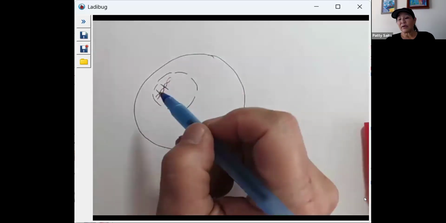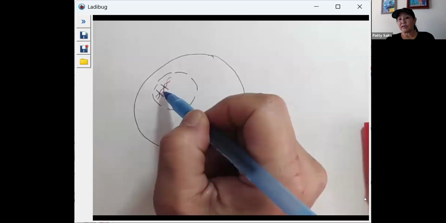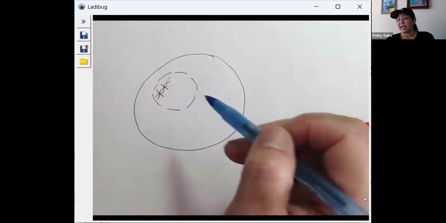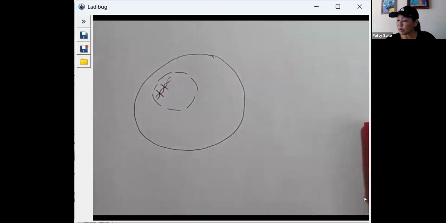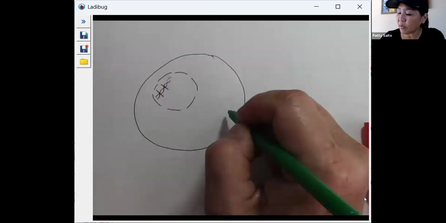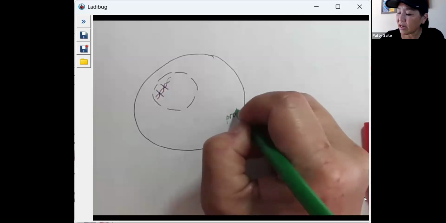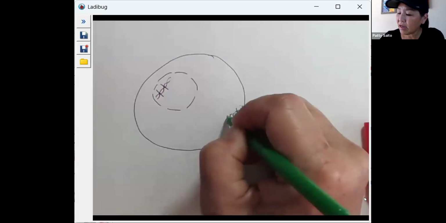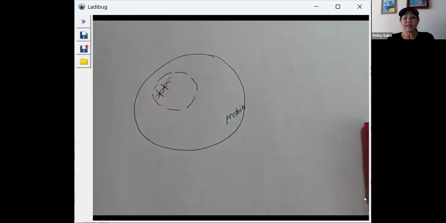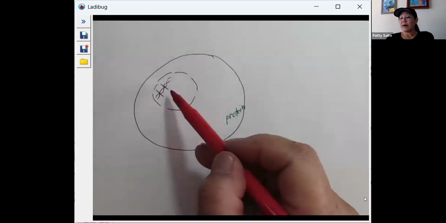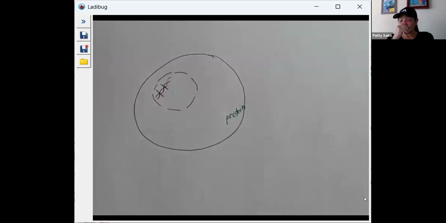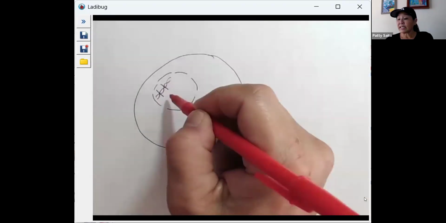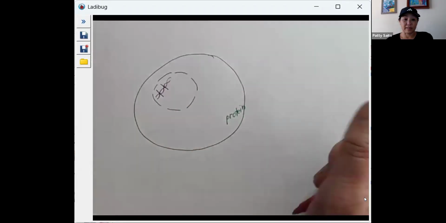All right, so how do we get from a nucleotide or a group of nucleotides in your nucleus out here to a protein? Because that's where we want to end up. We want to end up with a protein. Okay, so it's through several processes. The first process is called transcription.